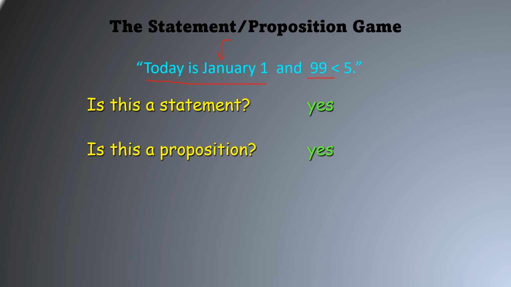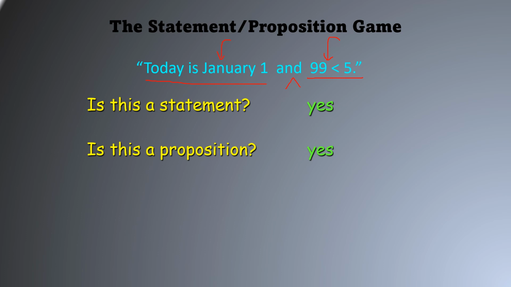And in the second part, after the connector "and," 99 is less than 5. In reality, 99 is greater than 5. So I mean to say the second part of this statement is also a false statement. So the entire statement here, today is January 1 and 99 is less than 5, is a false statement.